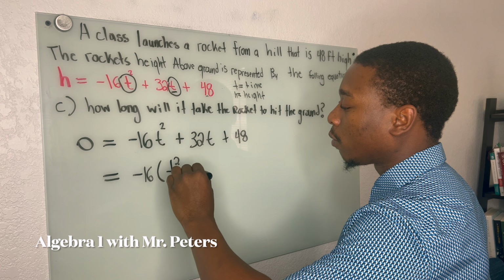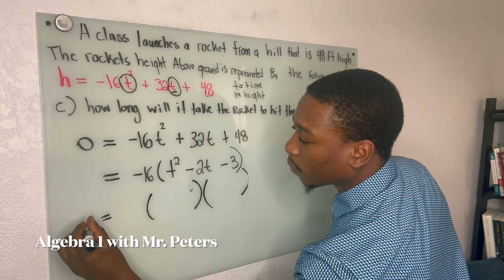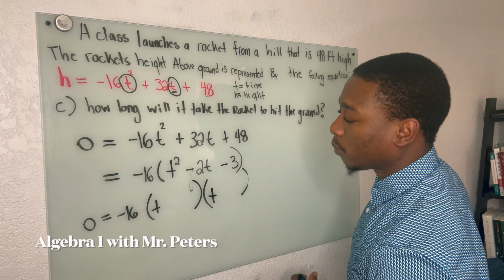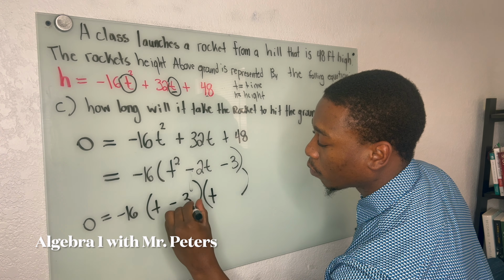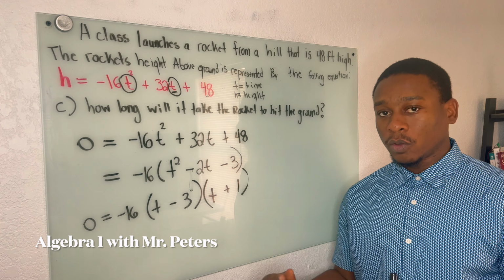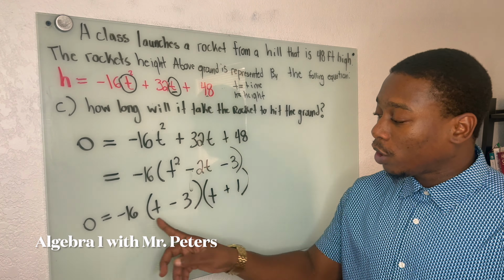So now we have our trinomial that we're trying to factor. Once we break this down, we're going to get t minus 3 and t plus 1. But just know we're not done with the problem yet. We need to set each of these factors equal to 0 to determine which one is the answer.